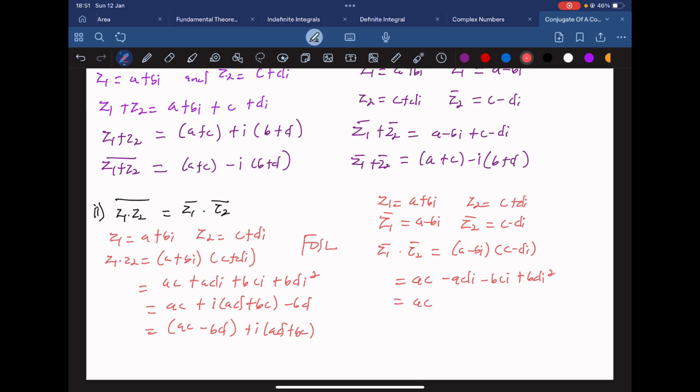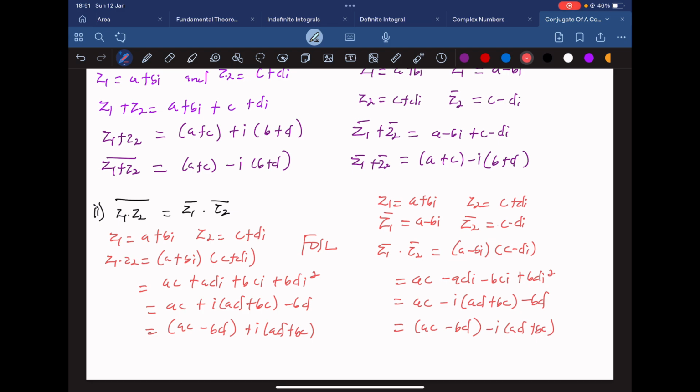So doing the same thing, we bring the i out, we have ad plus bc inside the parentheses, and remember i squared is minus 1, so that leaves us with minus bd. So grouping the real terms, we have ac minus bd, then minus i, ad plus bc.